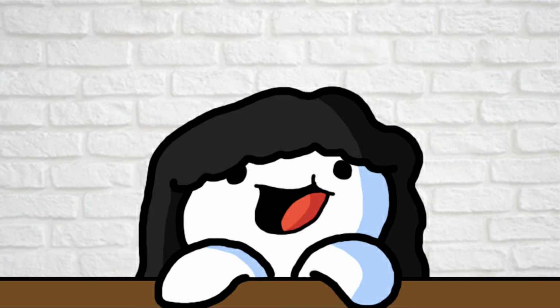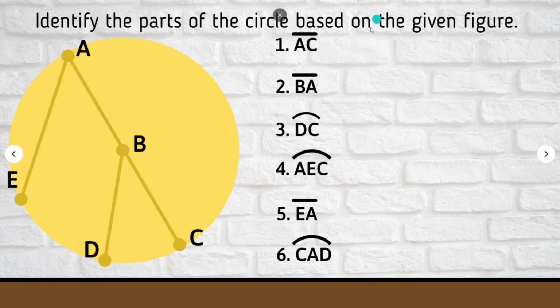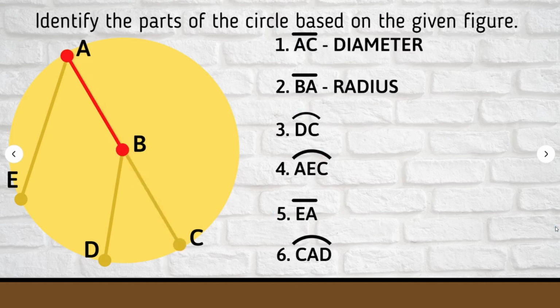And now for the last activity. So now, we need to identify the parts of the circle based on the given figure. So the first one is the line segment AC, which is a diameter. The second one is the line segment BA, which is a radius.